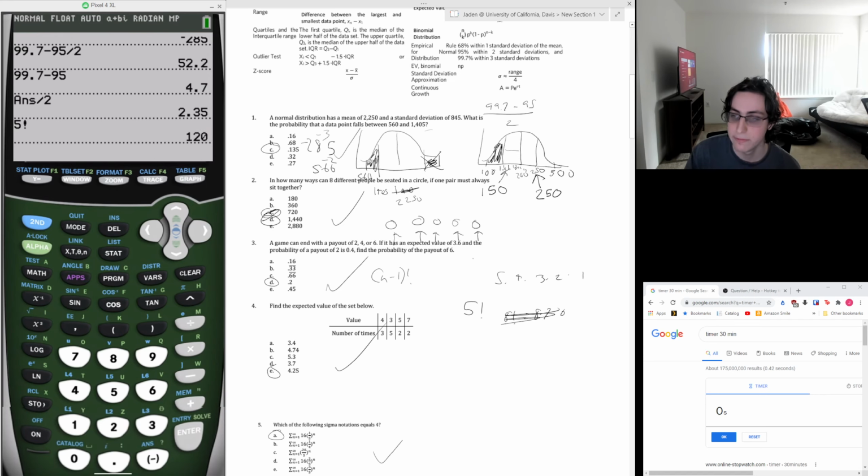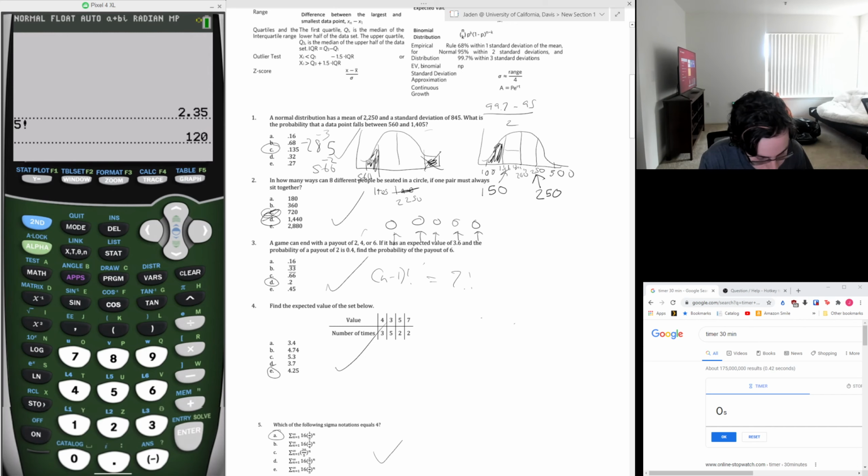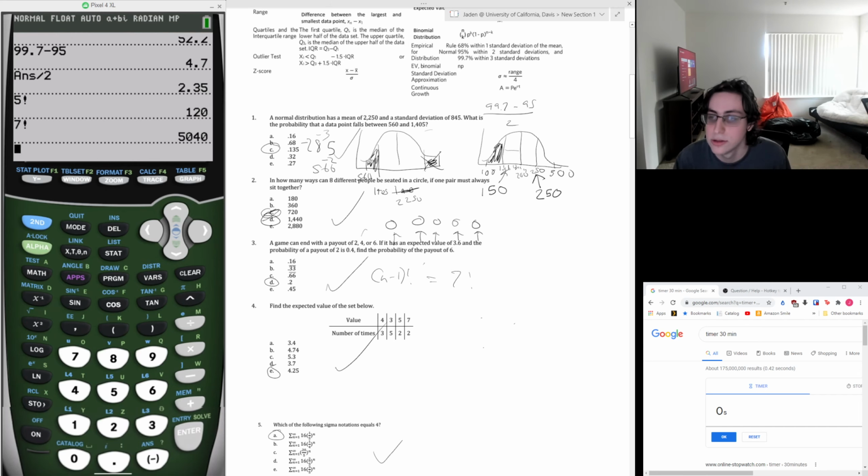It'd be 7 factorial, which gives us 5,040. Obviously, that's not the right answer. The correct answer is 1440.